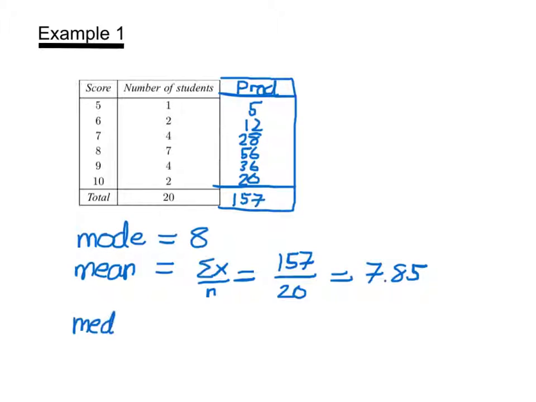And the last measure of center is the median. And to find that, we're going to add a running total of the frequencies of the data values. So I have 1 here, and then I add 2 to that to get 3, and then I add 4 to that to get 7, and so on and so forth.